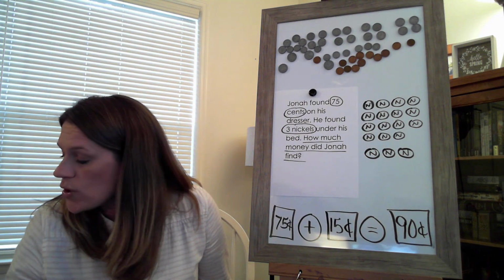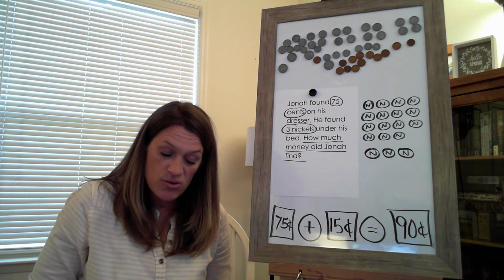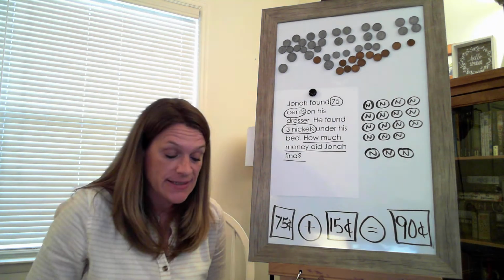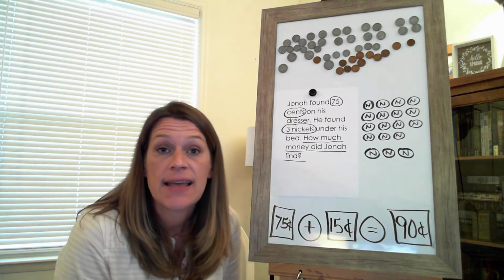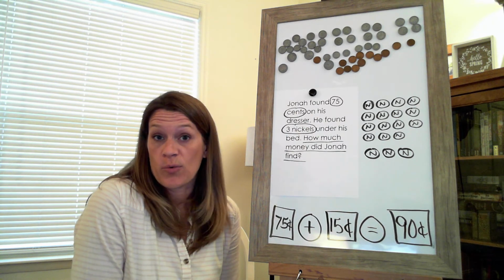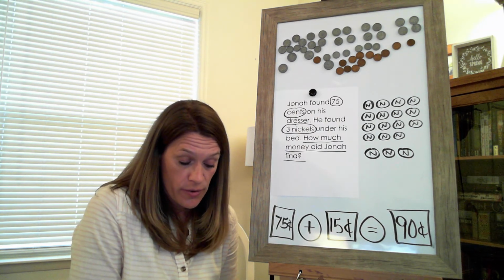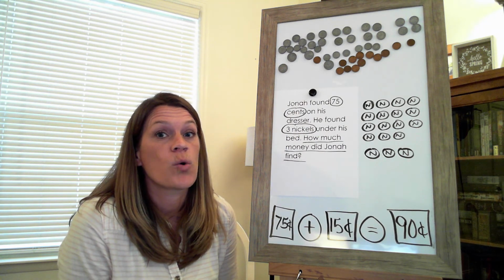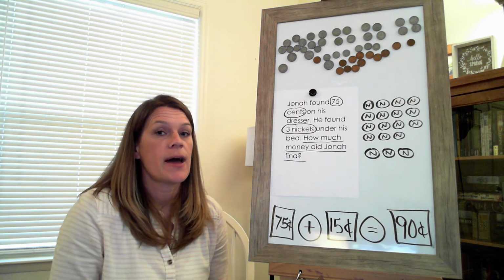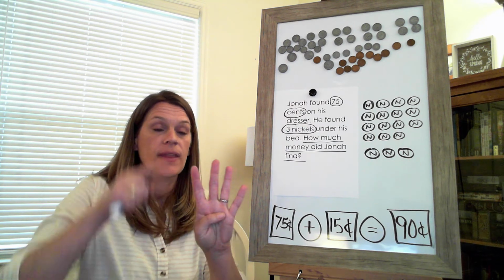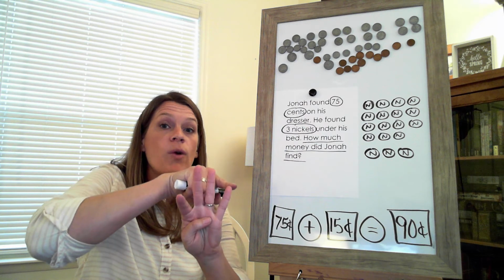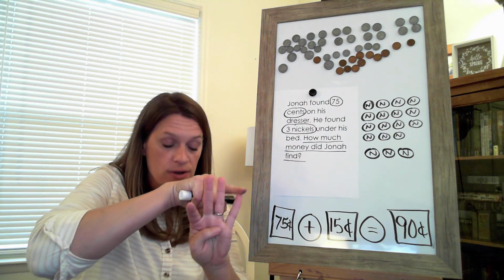So on your worksheet, first graders, you are going to be doing exactly what we just went over. You're going to identify all the different coins and tell me how much money they're worth. You are also going to show me how to count by quarters. You remember how to do that? So 4 quarters, right? 25, 50, 75, 100, or $1.